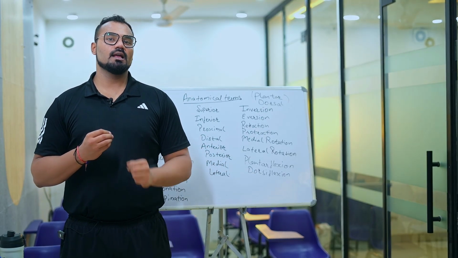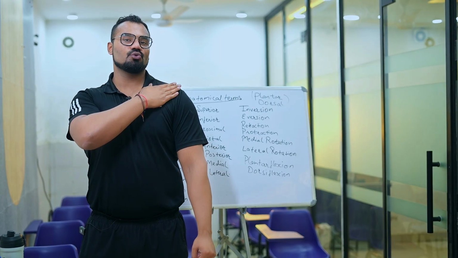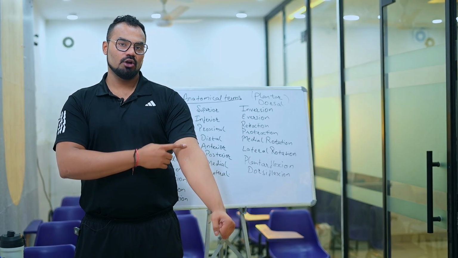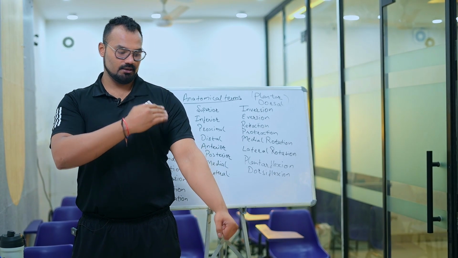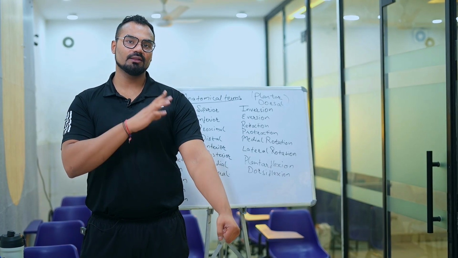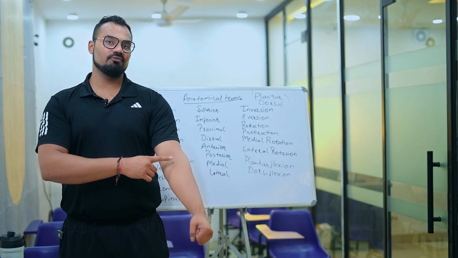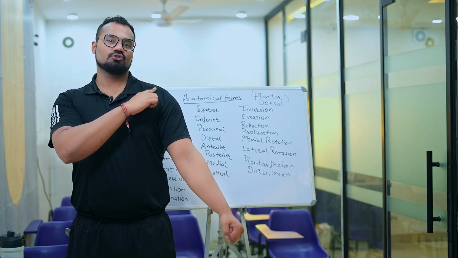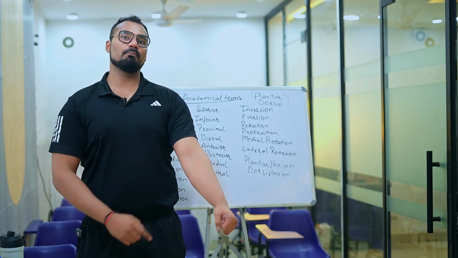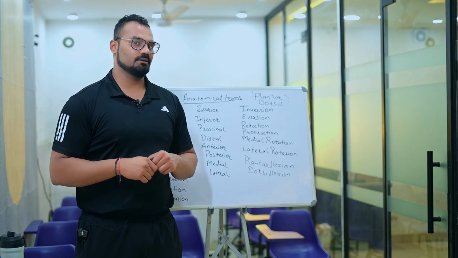So let's understand. If you see the difference between your shoulder and your elbow, your shoulder is superior to your elbow. The same way, the elbow is inferior to your shoulder. So we need to do the comparison between two joints.